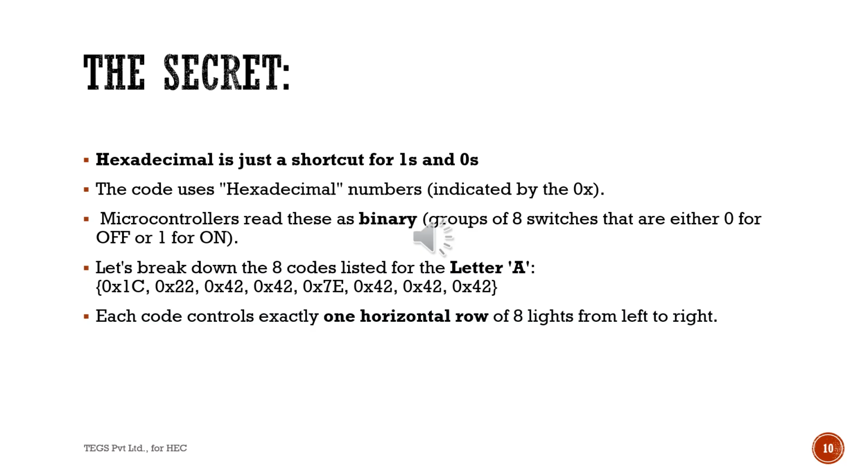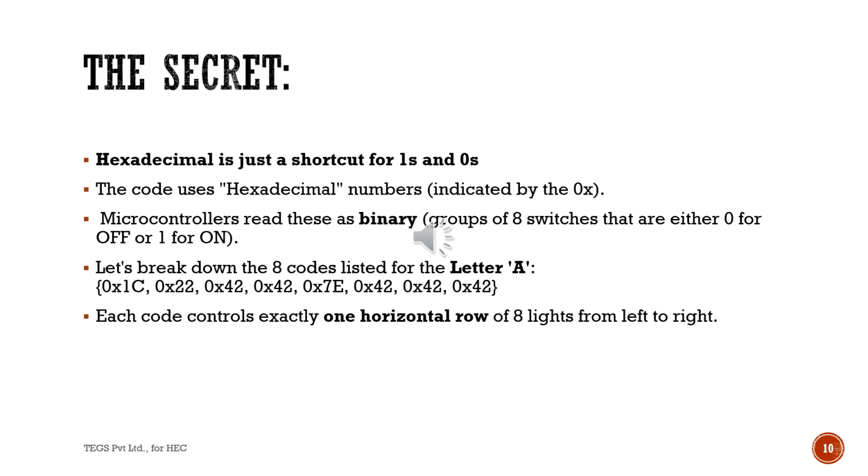Let us break down the 8 codes listed for the letter A: 0, 1C hex, 22 hex, 42 hex, 42 hex, 7E hex, 42 hex, 42 hex.